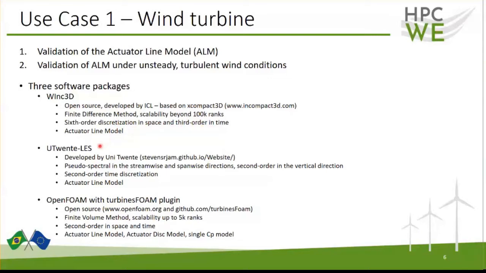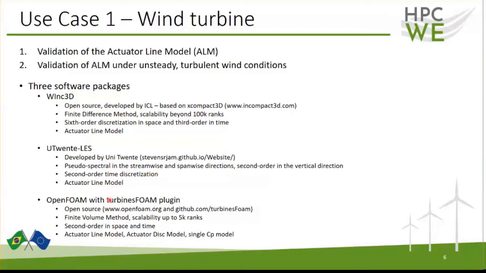Then the U2O LAS, that's developed by our partner U2O. It's a pseudo-spectral code in the streamwise and spanwise directions, and 2nd order in the vertical direction. It uses the second order time discretization, and also implements the actuator line model.